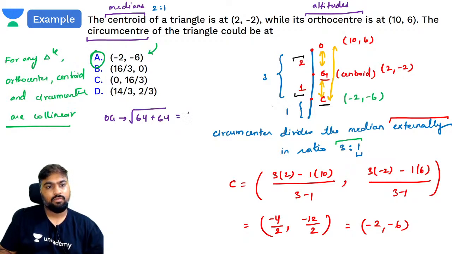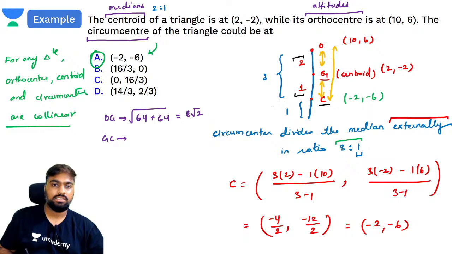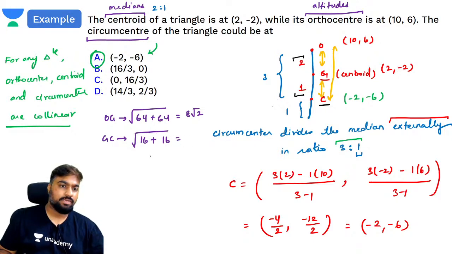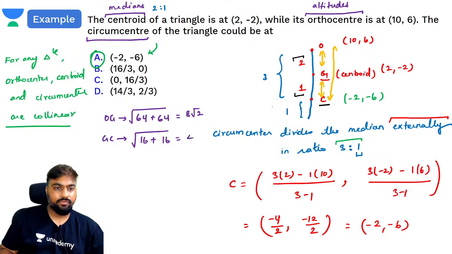This is 8√2. And GC will be 2 minus -2, 4, 16, plus -2 minus -6, 16 again. 16 plus 16 is 32, that is 16 twice, basically 4√2.